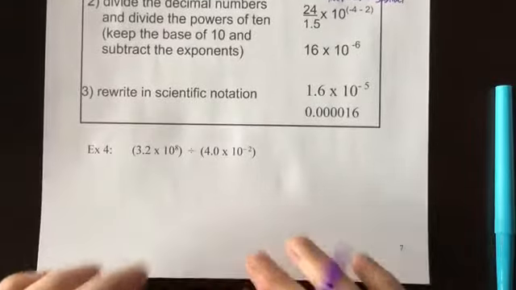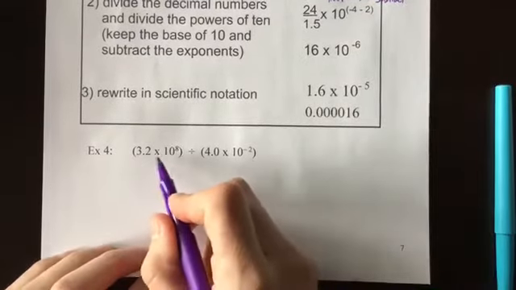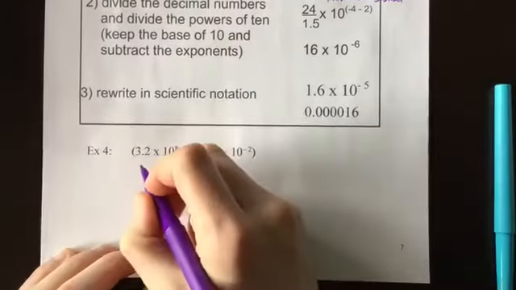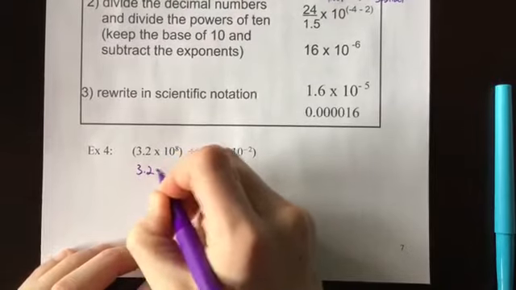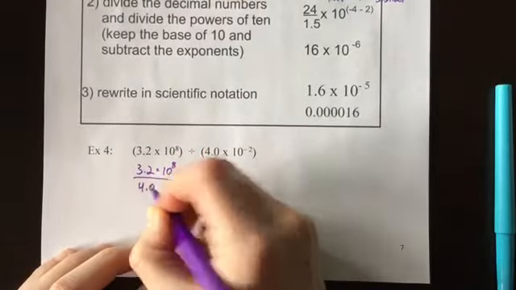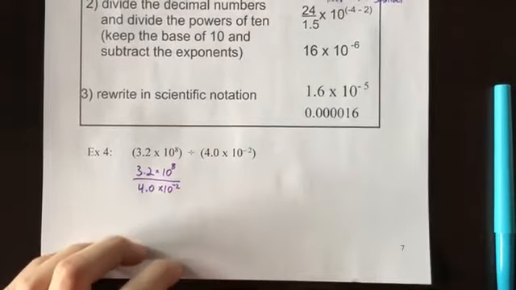So let's go ahead, let's put it into practice in our own example. So our first step we're going to do is we're going to rewrite as a fraction 3.2 times 10 to the 8th divided by 4.0 times 10 to the negative 2nd. Remember, it's top divided by bottom.